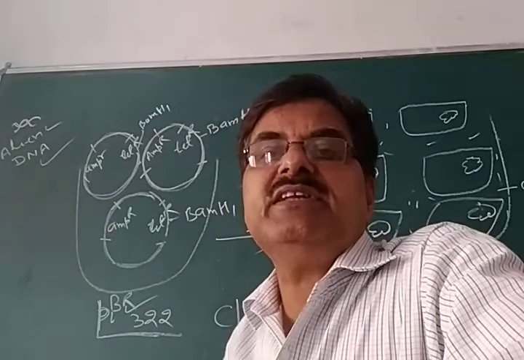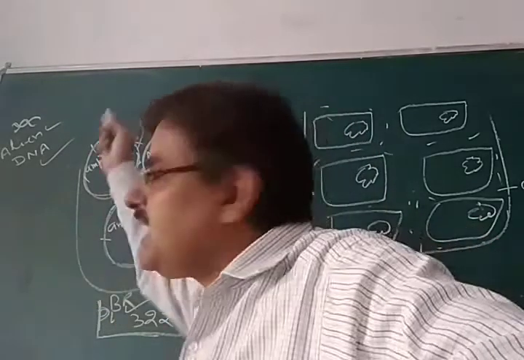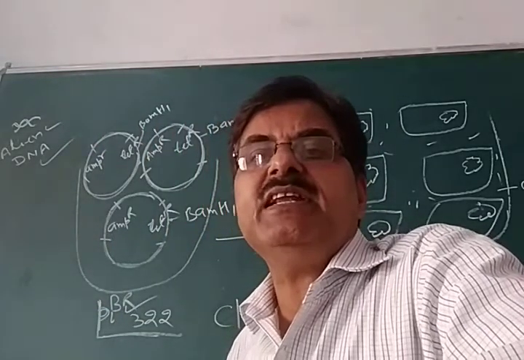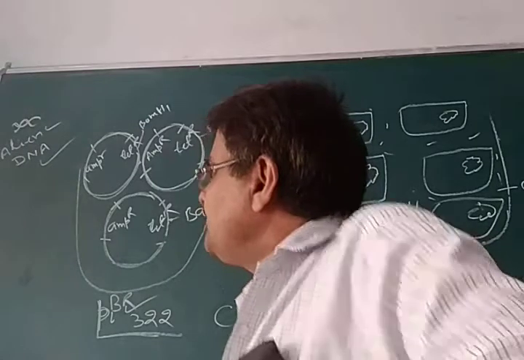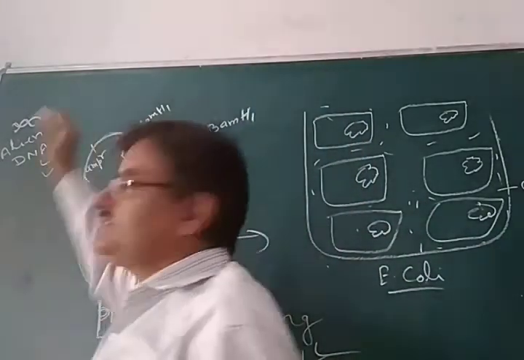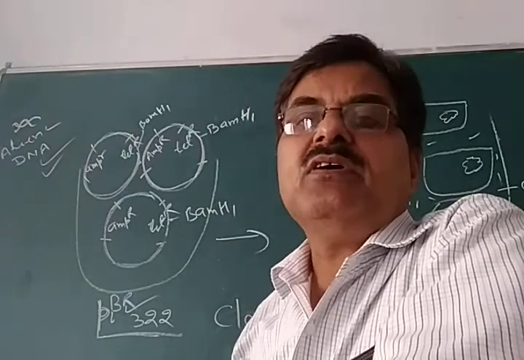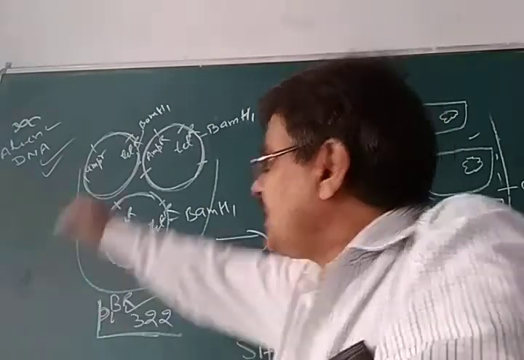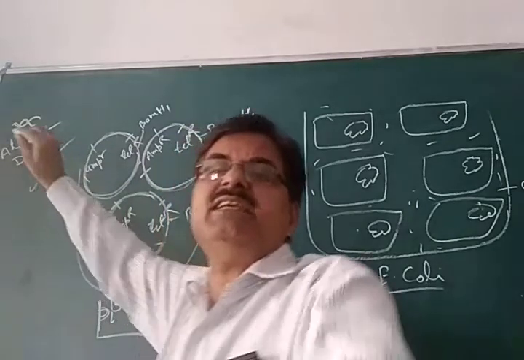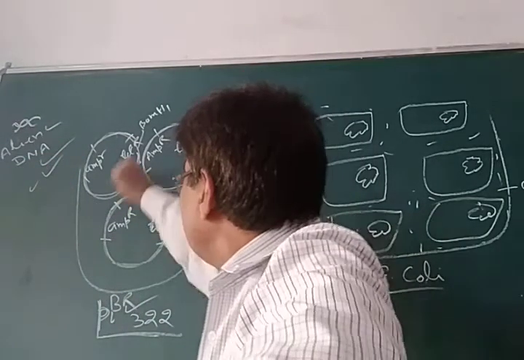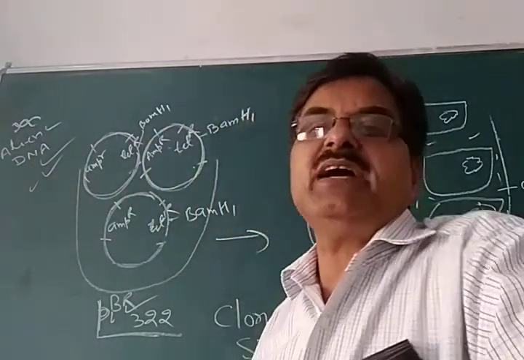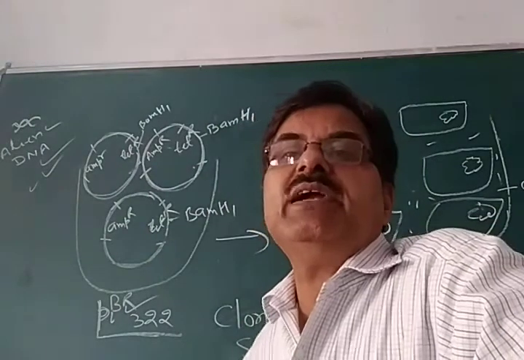So by PCR we can produce billions of copies of this alien piece of DNA. And suppose we are now going to ligate this alien piece of DNA into these pBR322 cloning vectors. Okay.